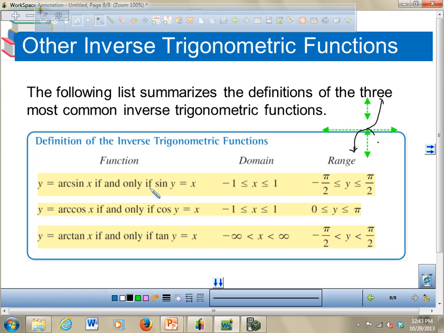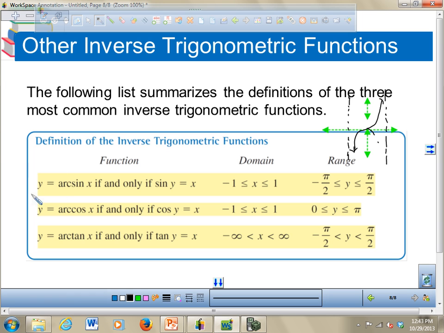So inverse tangent, they restrict the range, you have to restrict the range, to be between negative pi over 2 and pi over 2. So when you're looking for answers to our inverse tangent problems, you look in the first quadrant and the fourth quadrant, okay? Just like for sine.